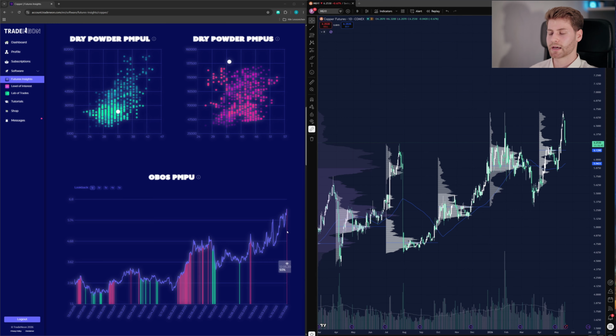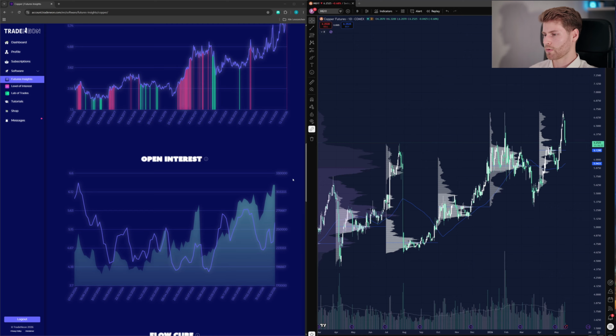So as soon as we get a short setup in the chart, we can definitely have a look for potential short trades. Let us now move over to our open interest, and here we can see that the current open interest is definitely in average territory. However, what is quite interesting is that we recently got a higher high when it comes to the price that was not accompanied by a higher high in open interest.